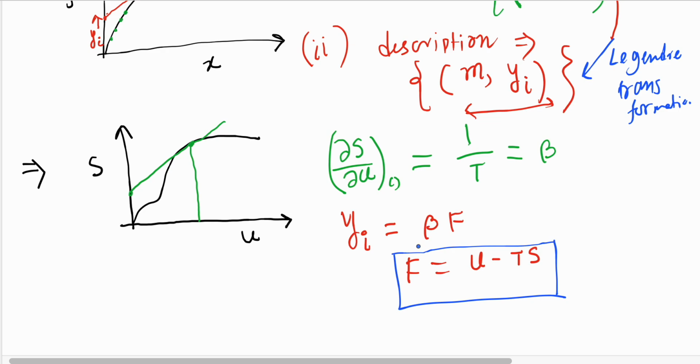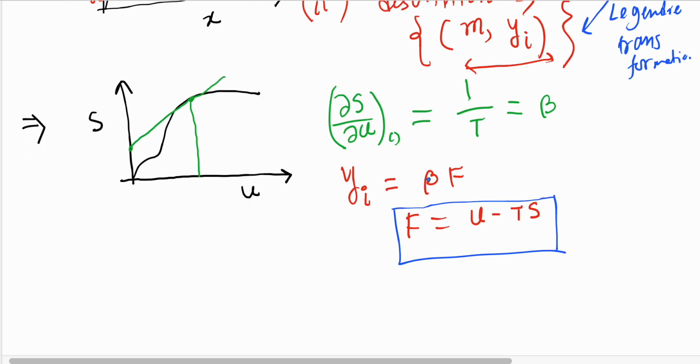In this description, you will mention at every point the temperature, inverse of beta, and the free energy multiplied by beta. So these two descriptions are called the Legendre transform of this S-U description.